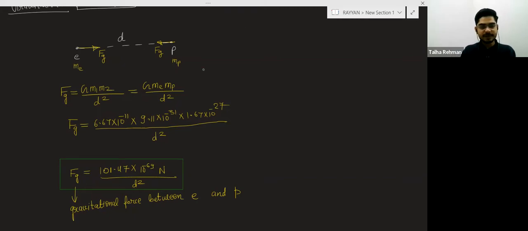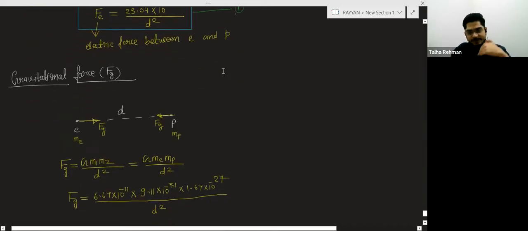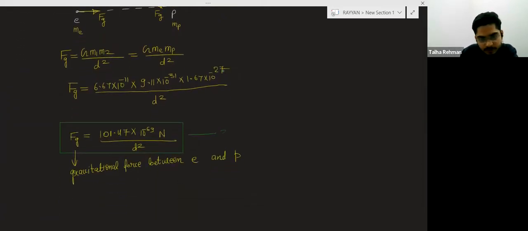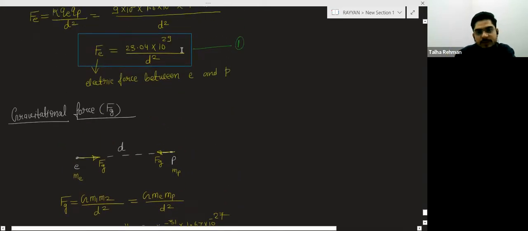You told me that gravitational force is stronger than the electric force. So we will compare. I am calling this equation number 1, and this is equation number 2. Now I am dividing equation number 1 by equation number 2.